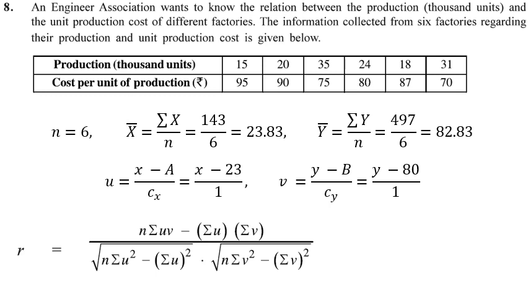By writing down the columns x and y and then making the columns u, v, u square, v square and uv, you will get the total of 5 columns. Put these values in the equation and you should get a negative answer, 0.92, very high degree of negative correlation.